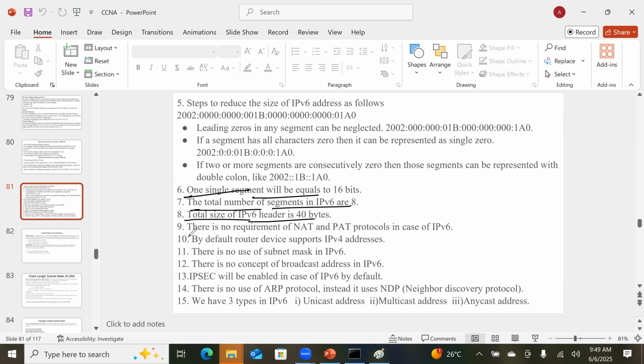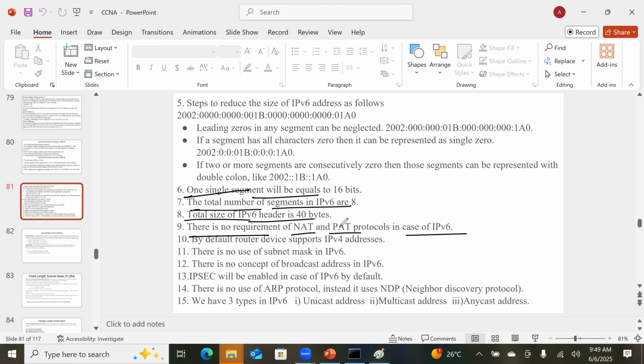There is no requirement of NAT and PAT protocols in the case of IP version 6. We have these two translation protocols, network address translation and port address translation, which allow us to convert or map private IP addresses to public IP addresses.